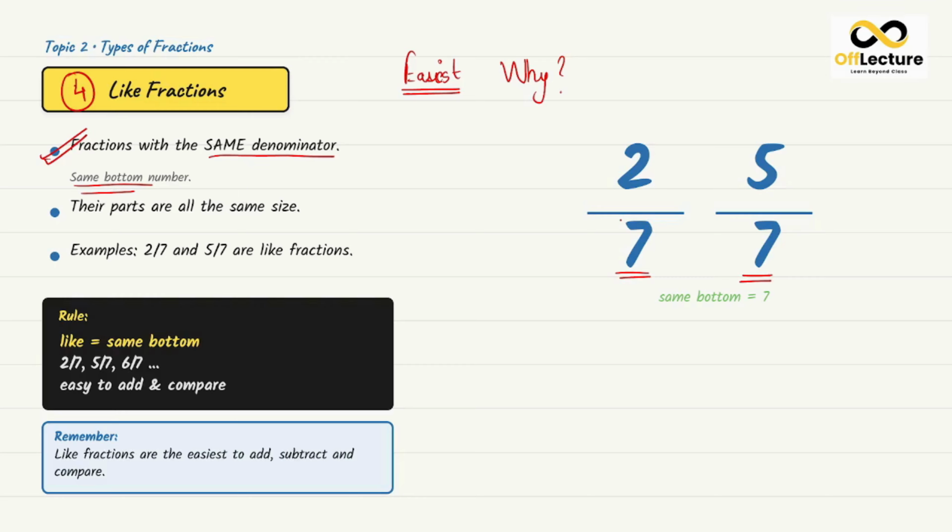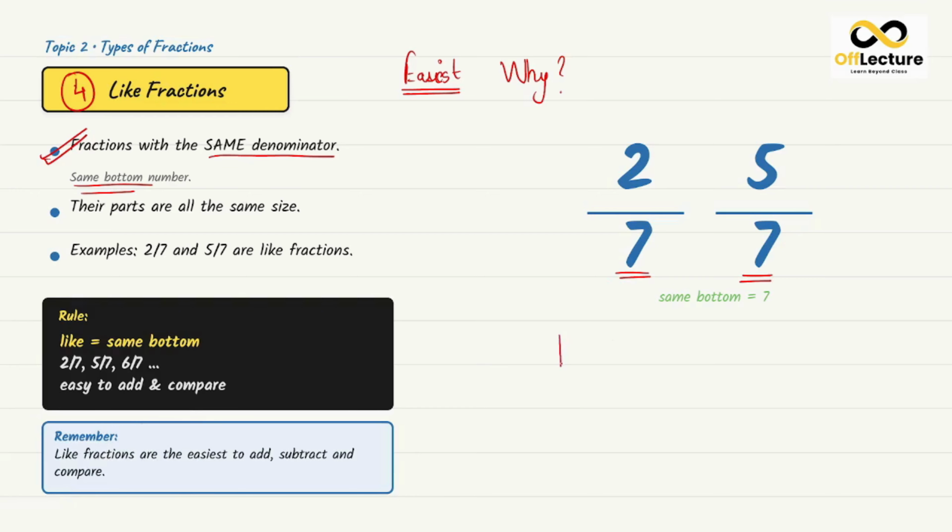Let's suppose we have a roti. This roti has 7 equal parts. Remember, 7 equal parts. Instead of a circle, let's make it a simple rectangle.